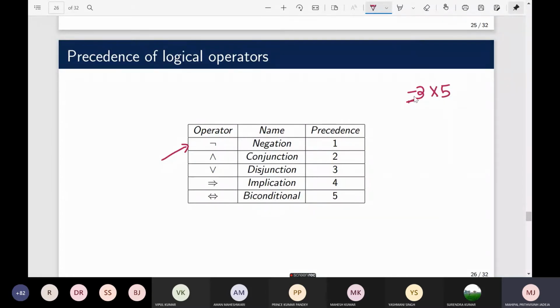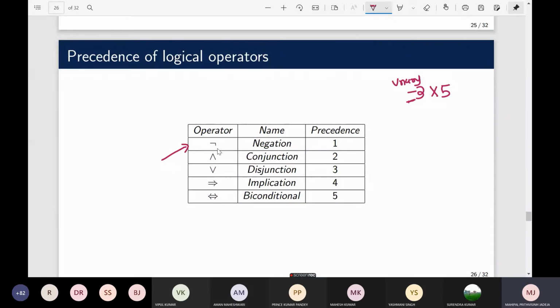This minus is nothing but a unary operator in this case, and then you perform the multiplication. So definitely we are giving more importance to this kind of unary operator. Similarly here also we are going to give the highest precedence to the negation operator.